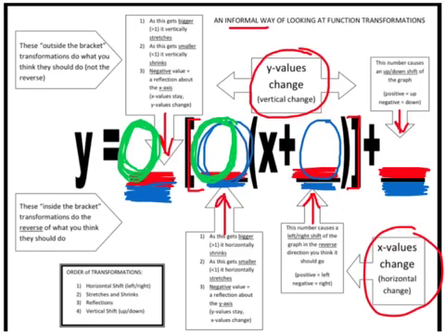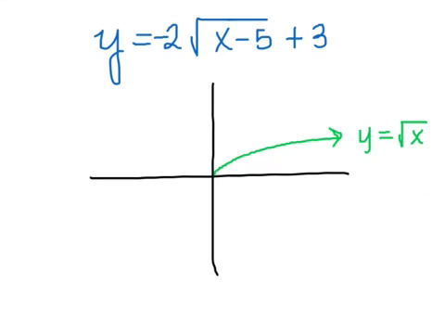When you change something in a vertical motion, it goes from up to down or down to up, and that would be a flip over the x-axis. So mostly just think everything inside here is a horizontal change of some sort. Everything outside is a vertical change of some sort.